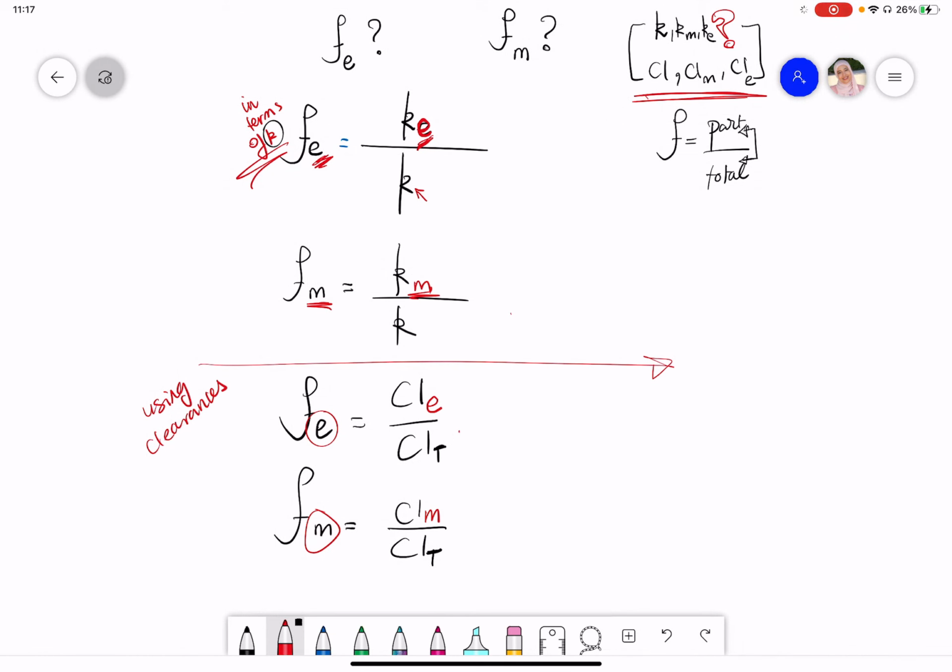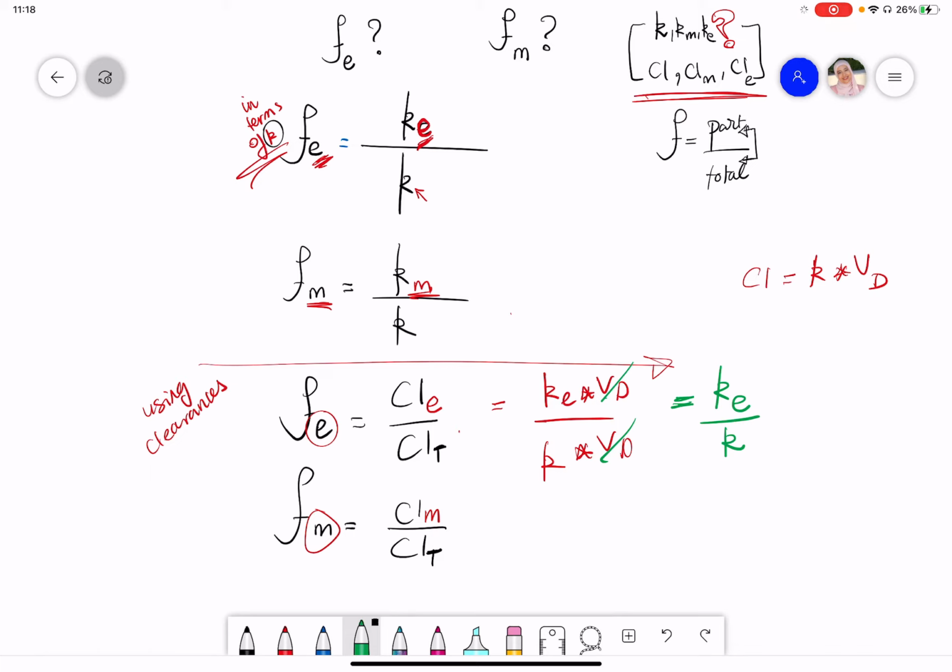And if you just remember that the clearance is K multiplied by Vd, okay? So this would be Ke multiplied by Vd over K multiplied by Vd, right? And Vd is constant, so I will have it as Ke over K, and similarly here, Km over K, right?